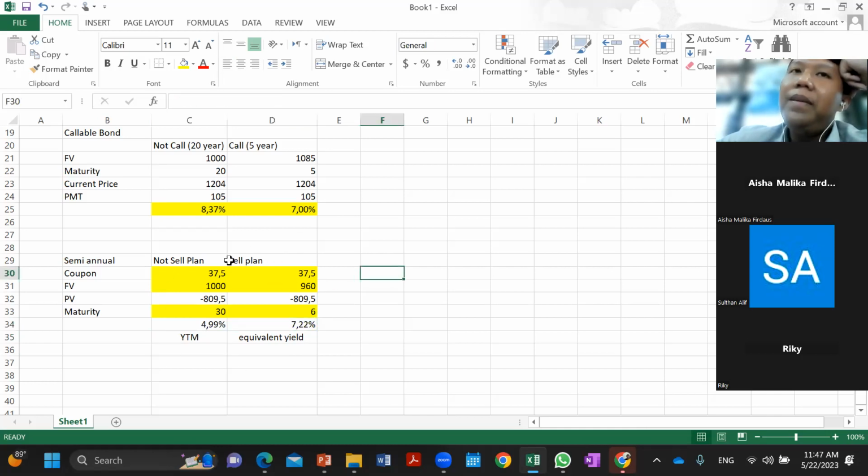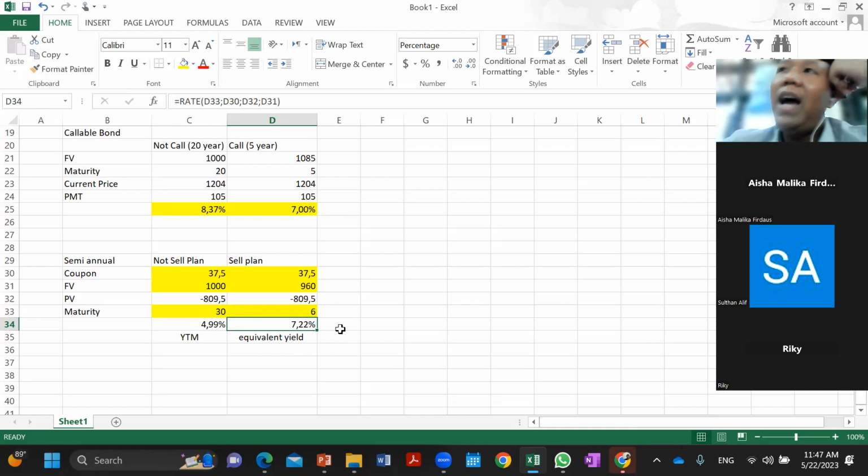If we hold it until maturity, we only get 4.99%. But if we sell it after 3 years, we get 7.22%, which is very high compared to the yield to maturity. So I will not hold until maturity. Why wait until maturity when it only gives me 4.99% return? I will just sell it and get 7.22% return after 3 years.